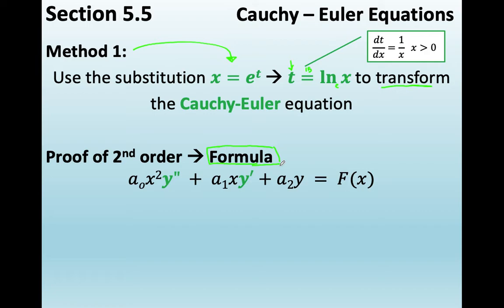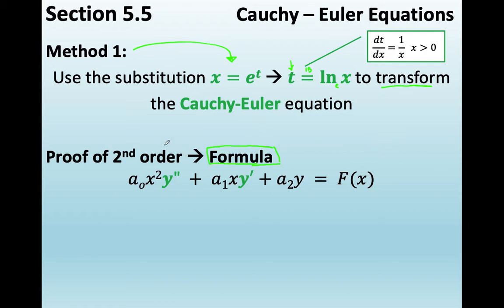So there's a second order Cauchy equation. Do you see it? And it's non-homogeneous, given that f of x is some function in terms of x. So remember, everything now is in terms of x. This y double prime is with respect to x. y prime is with respect to x. This function over here is in terms of x.